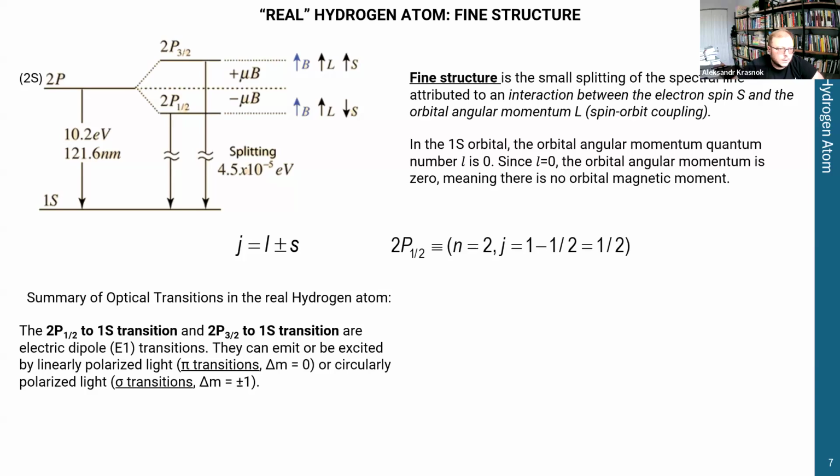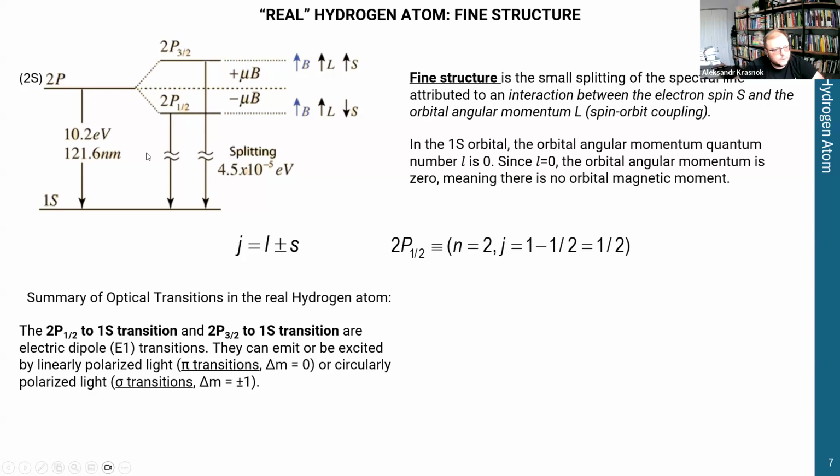And let us consider, for example, the transition 2p 1/2 to the state 1s, right? A different letter p means a different L. So this transition is allowed in the electric dipole regime, and can be bright in the experiment.